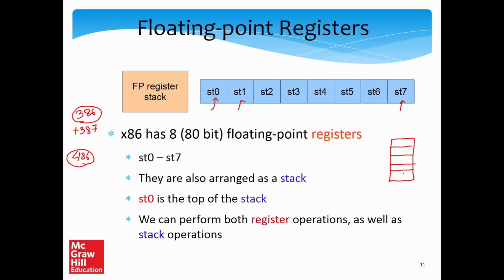Now if we need to remove any book, we start removing books from the top. So pretty much any book which was added the last will also be the first to be taken out. It's the same for register values as well. So in this case, let's assume that we have a stack of 8 floating point values. This is called the floating point stack or the FP stack.